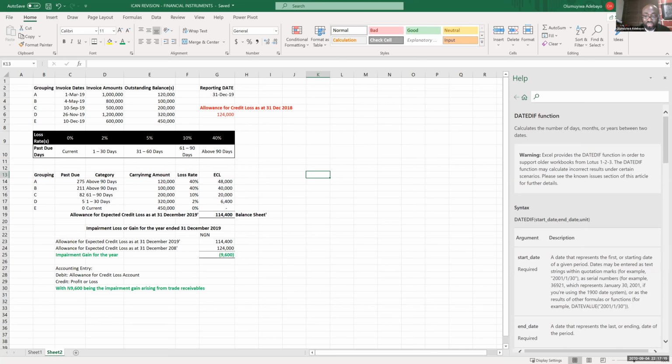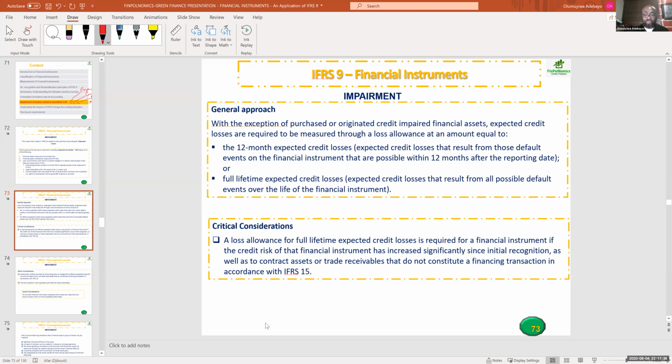Now, let us wrap it up. Time is against us. Let us wrap it up with others. Others are descriptive in terms of discussion is what we are going to have. We are no longer going to do any computation at this level. Okay, we move to hedge accounting.